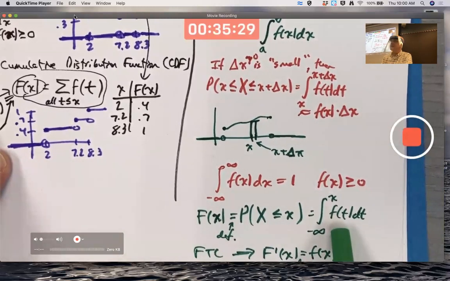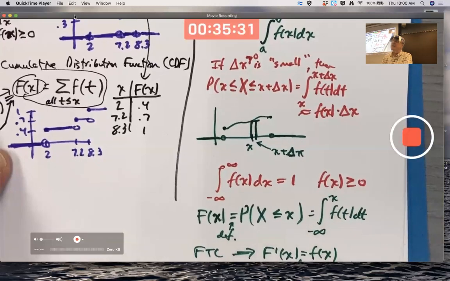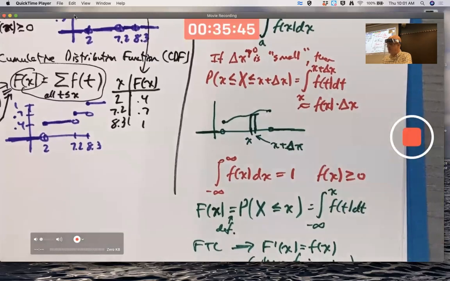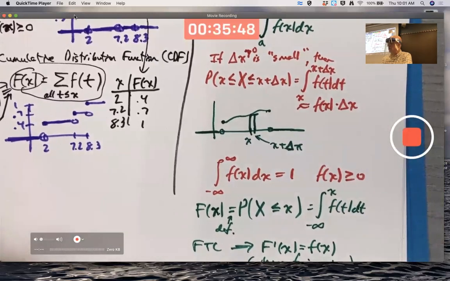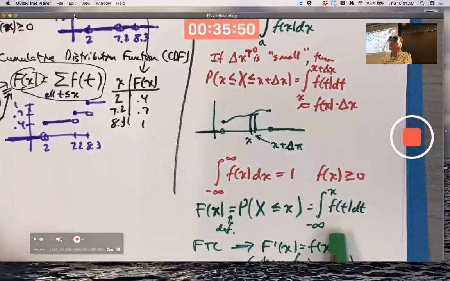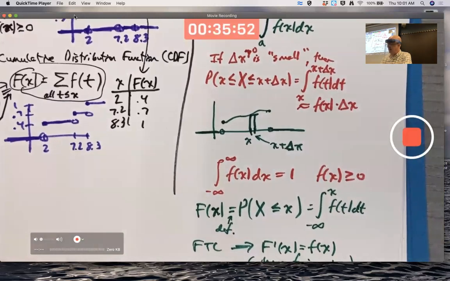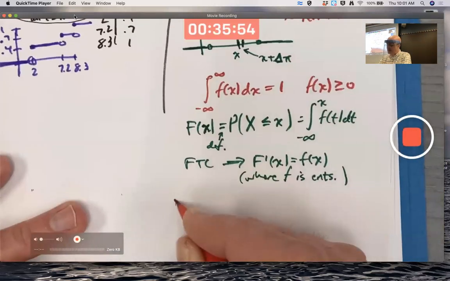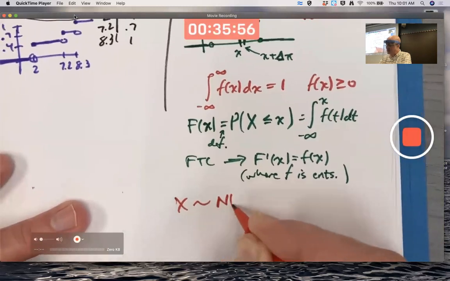Little f doesn't have what is called an elementary antiderivative, and therefore the formula for capital F is, well, unknown, you might say, though people have given it a name. In fact, they even have given it a special symbol when little f is a standard normal distribution. Little f, if x is standard normal, remember this?